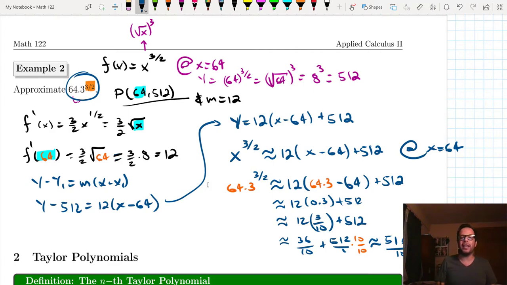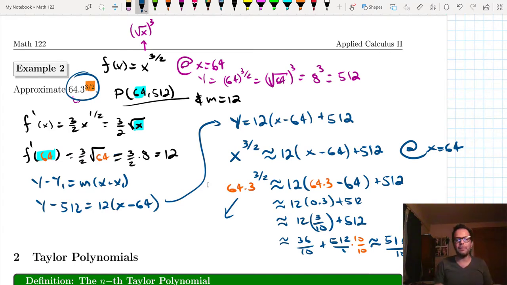Now comparing with the actual value, 64.3 raised to the 3 divided by 2.